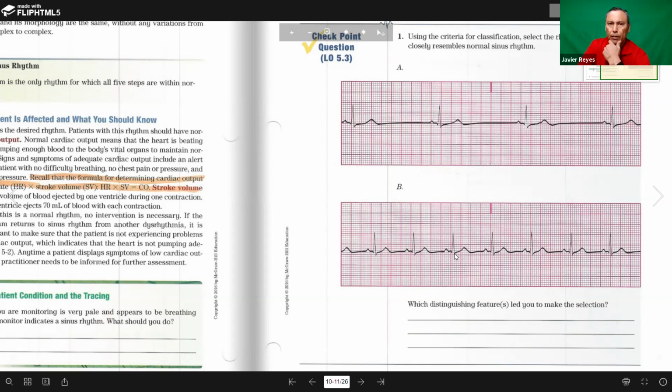Sometimes you're going to find certain arrhythmias that we're going to talk about where the PR interval becomes longer and longer and longer. And then we're going to talk about another one that's very similar, but then boom, one QRS is missing. So we'll get to those later. Right now, we're trying to determine the normal sinus rhythm.